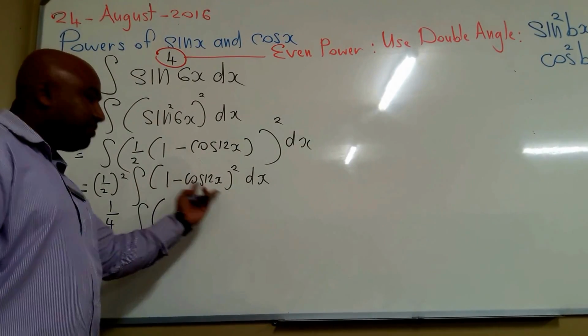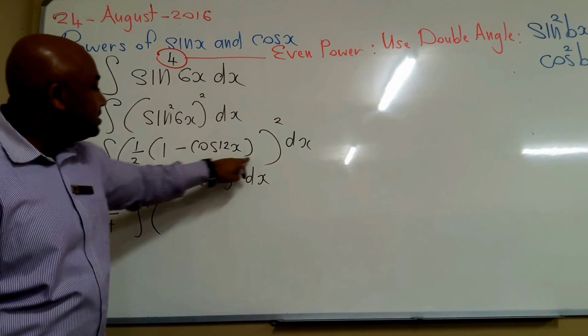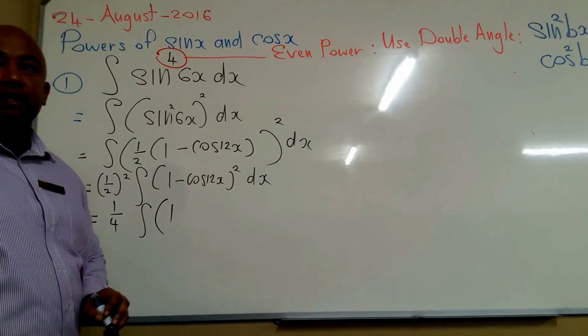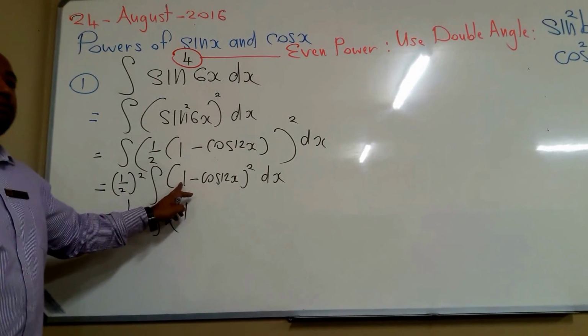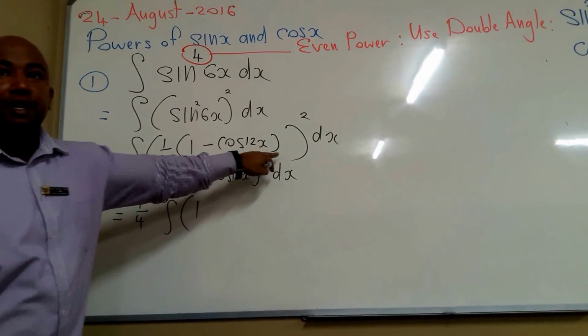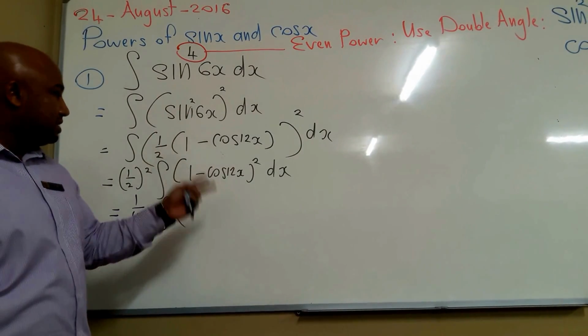How do we square when we have just 2 terms? You square the first term, 1 squared, that will be 1. Then the middle term, how do you get the middle term? It's always the first multiplied by the second multiplied by 2, no matter what it is. That's how you square when you have 2 terms.